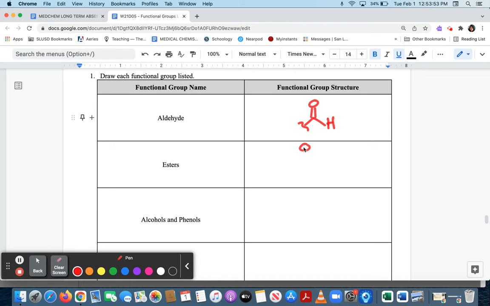So going over all of them, aldehydes have this particular shape, right? Esters have this shape. Alcohols and phenols, you can split them up into two different categories. So alcohol would just be an OH or an oxygen bonded to a hydrogen.